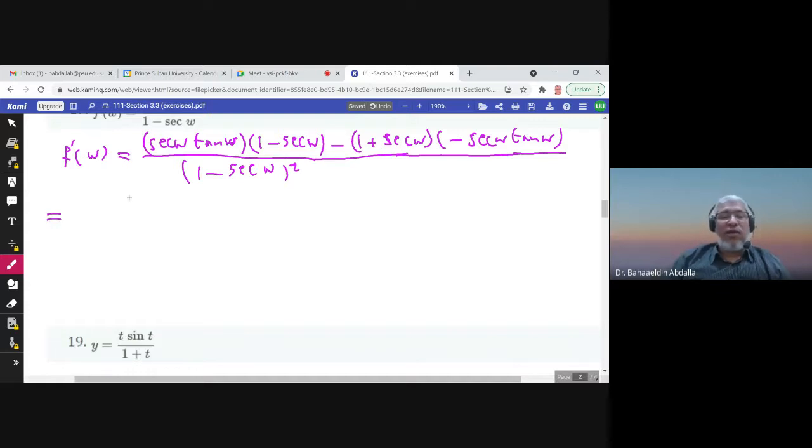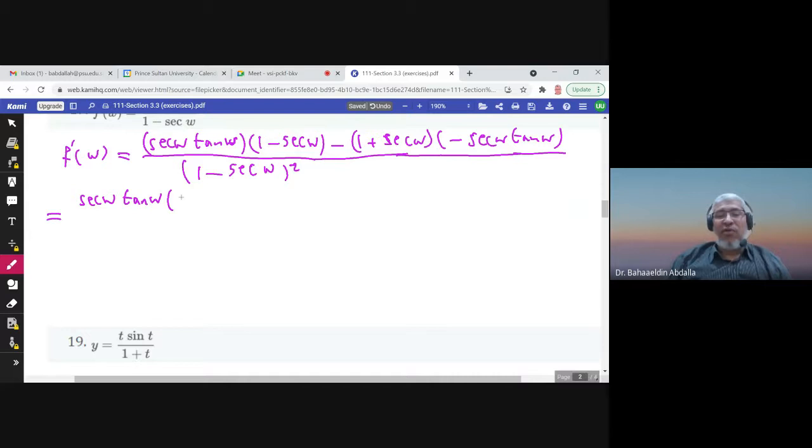We will have here secant w. Well, I can take secant w tan w as a common factor. Always take a common factor. Here I have two terms. Secant tan is there, and here negative secant tan, so I can take secant tan as a common factor.